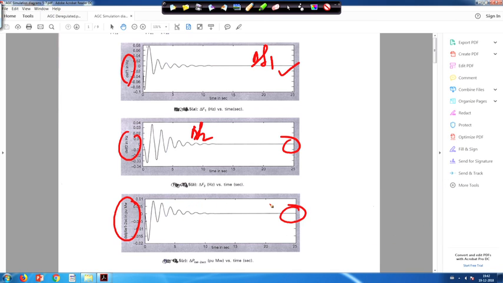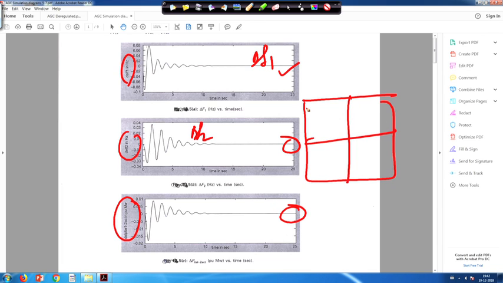This is 0 at steady state because you have the DISCO participation matrix, with only this block 0.5, 0.5, 0.5, 0.5, and all other elements are 0. Basically, delta P tie 1 to 2 scheduled will be CPF 13 delta PL 3 plus CPF 14 delta PL 4 plus CPF 23 delta PL 3 plus CPF 24 delta PL 4 minus this one.